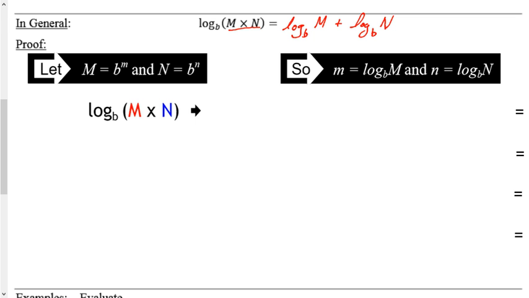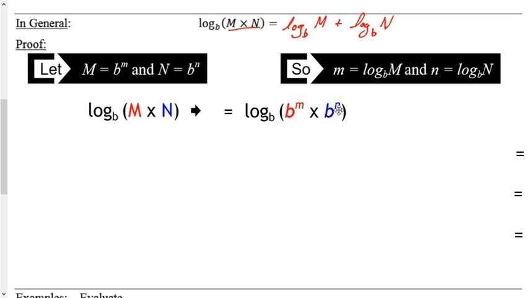So here we have the left side of the identity that we wrote above, log base b of M times N. Now, given these substitutions that we can make, we will just replace the uppercase M with b to the m, and the uppercase N with b to the n, because we've defined this uppercase M to be this red part and the uppercase N to be this b to the n.